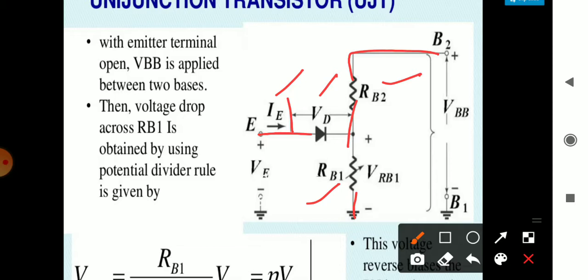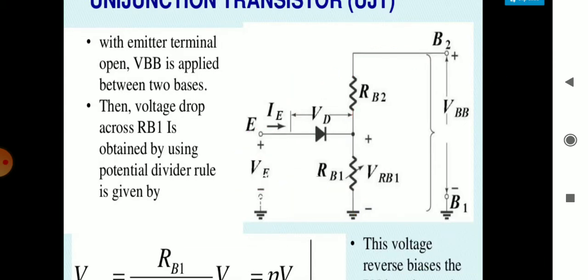To the emitter we are supplying the source, that is the emitter voltage VE. One more source we apply to the resistors RB1 and RB2, and that source voltage we call VBB. Here VE is a variable voltage, I can vary this voltage, but VBB is a constant voltage.